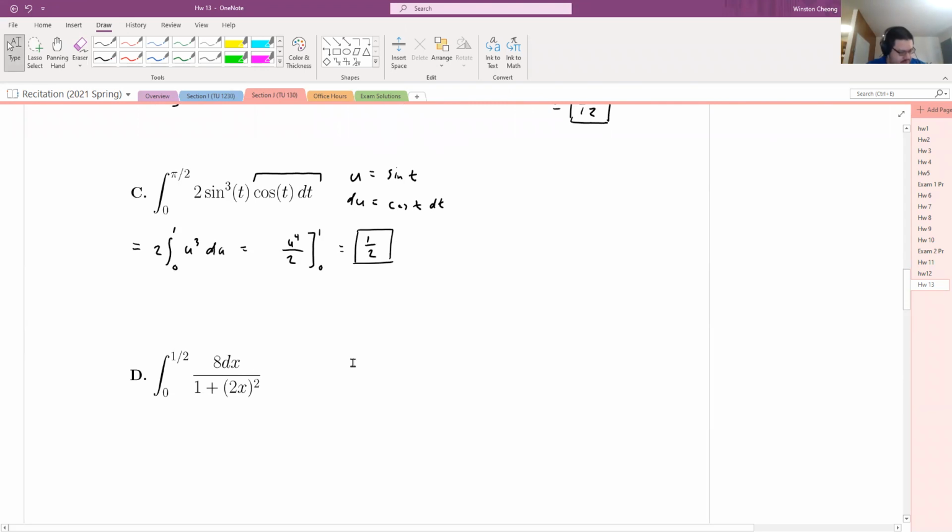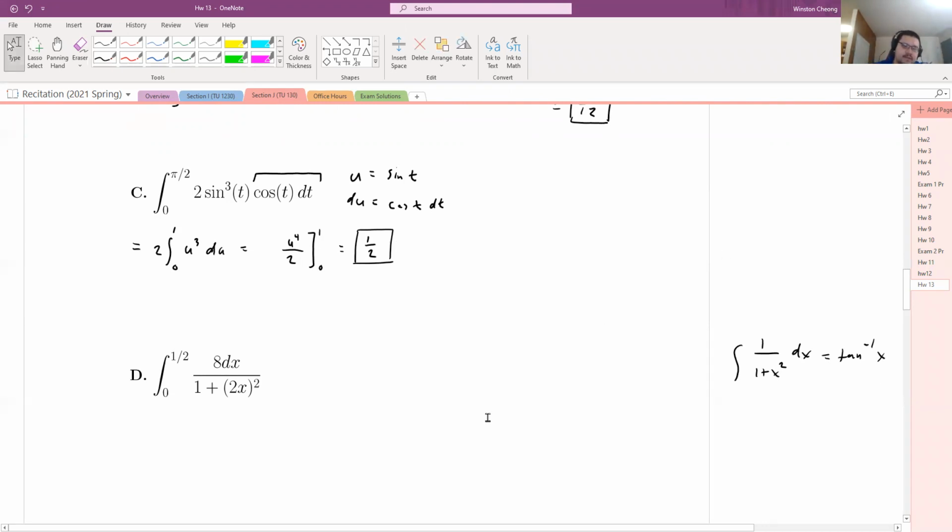All right, and lastly, D. I want to draw the parallel for you. When I see this, my mind is immediately led to this fact, this integral, and the knowledge that this is arctangent.